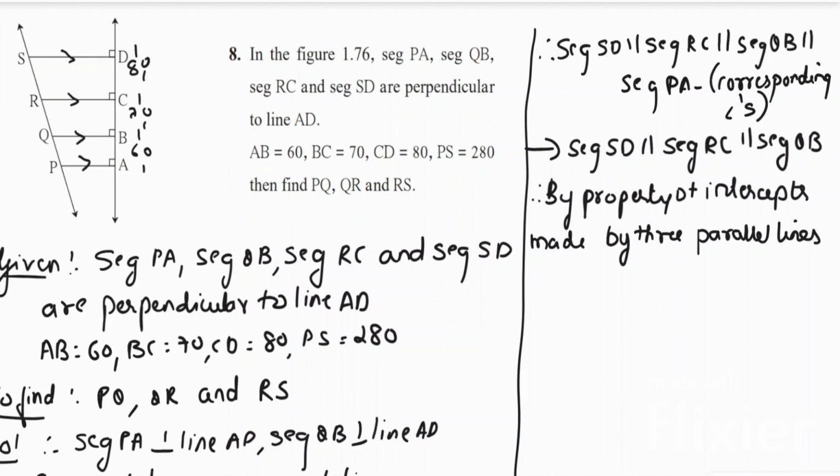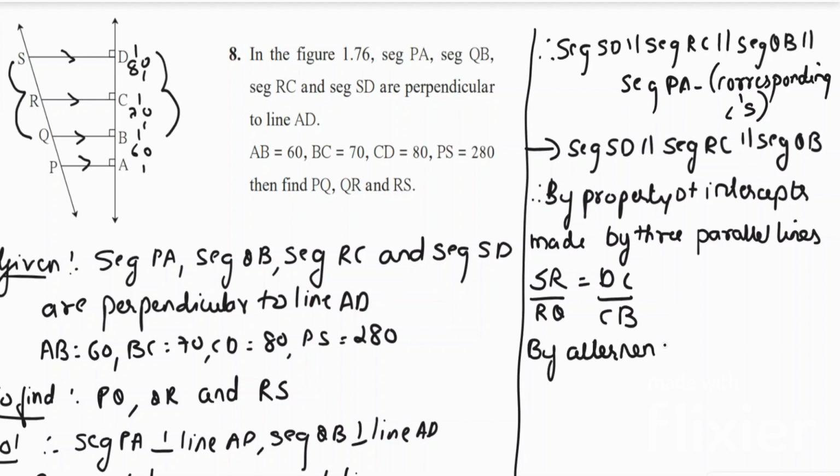See here, same as BPT, SR upon RQ will be equal to DC upon CB. So we can write SR upon RQ is equal to DC upon CB. Now by alternando we can write SR upon DC is equal to RQ upon CB. So this we can take as equation number 1.